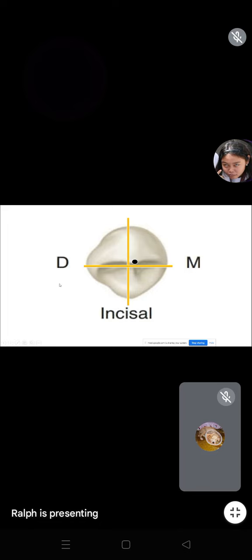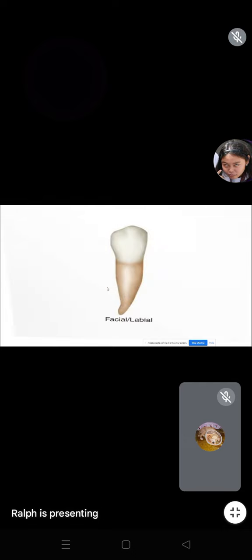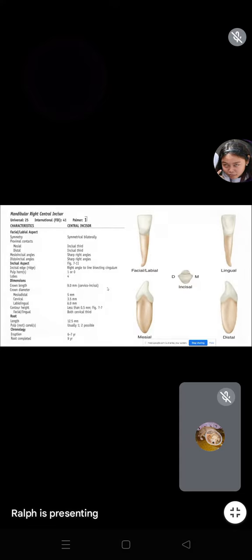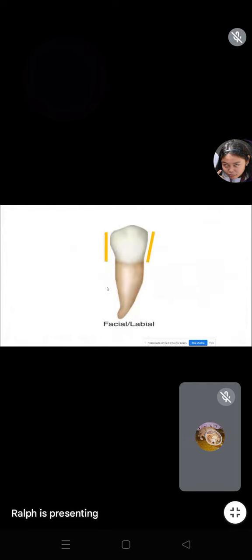Meaning, the distal is very different compared to the mesial. The curvatures on the mesial are very smooth, but it's a different curvature on the distal aspect. That's why it's marked asymmetry. For the labial aspect of the mandibular canine, straight mesial outline compared to the distal outline. Any other questions so far?